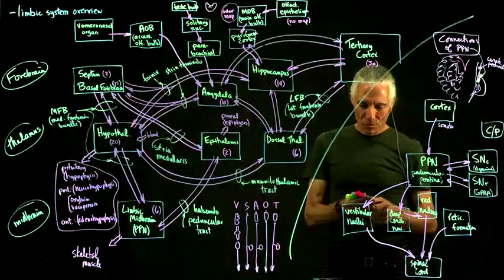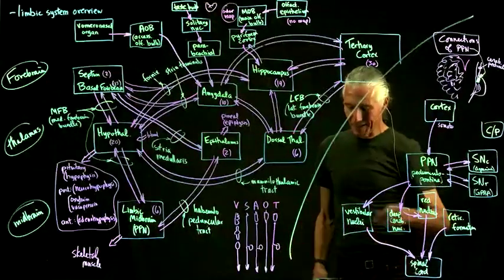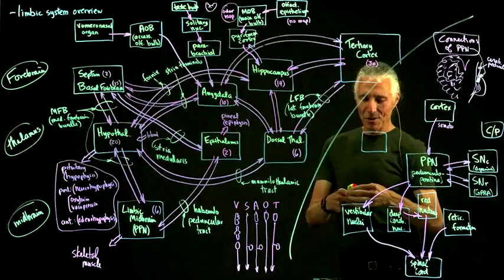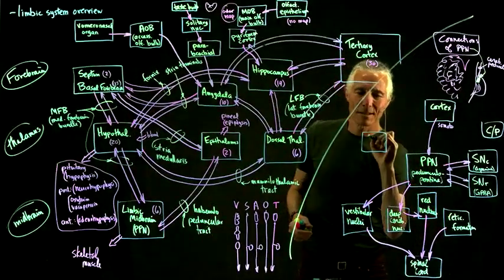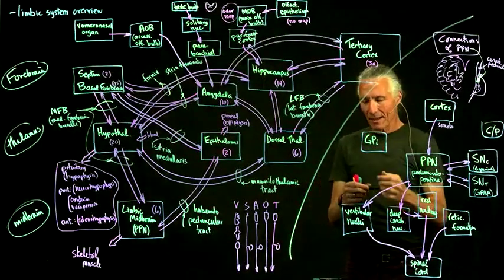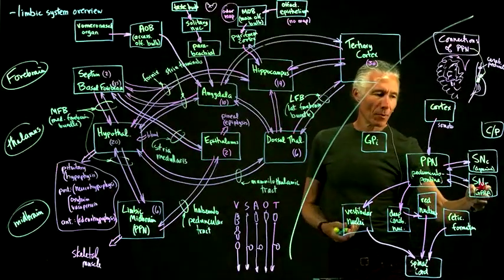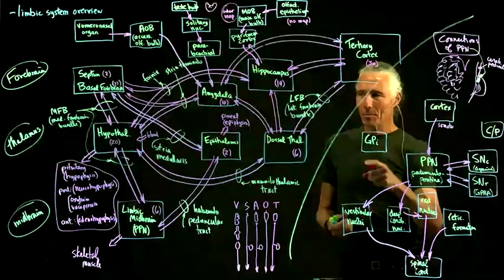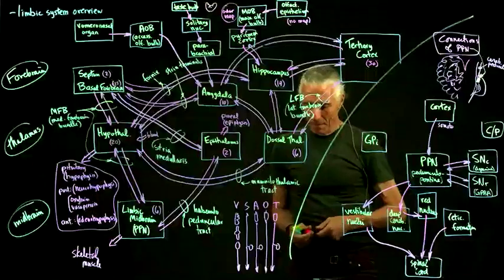It also does go to the globus pallidus. It only goes to the internal segment. So here's the globus pallidus internal segment, but that's another gating structure. The GABA one down here, the substantia nigra reticulata, was a gating one, but the globus pallidus internal segment was the gating one too.